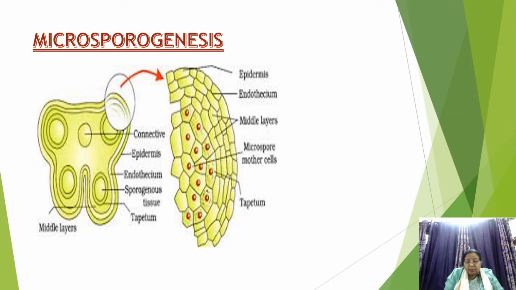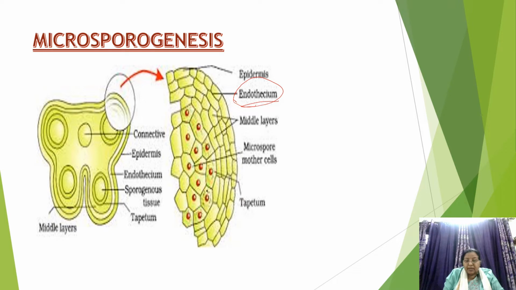This endothecium layer is important when there is dehiscence of the anther. When this anther is going to dehisce, it breaks to release the pollen grains, and this layer produces some thickenings and becomes dry and helps in dehiscence.